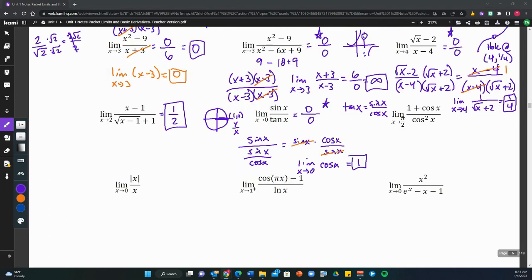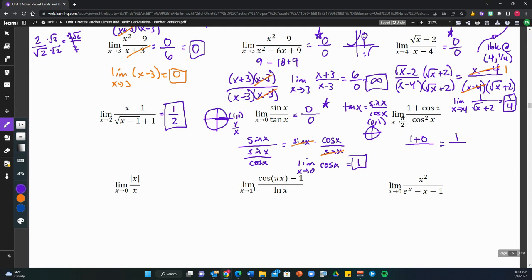All right, our next one, limit as x approaches pi over 2 of 1 plus cosine over cosine squared. Pi over 2 on the unit circle is up top here. Coordinates are 0, 1. So when I plug pi over 2 in, I get 1 plus cosine of pi over 2, or 1 plus 0. Again, that top is 1, so I know for sure this can't be indeterminate form. So we get a break from the identities.